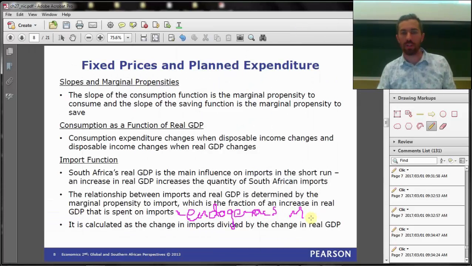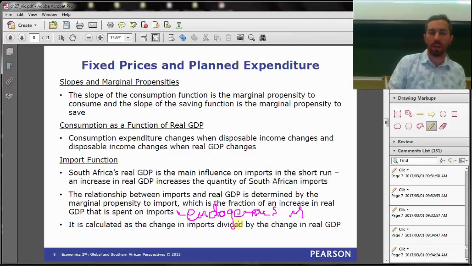Okay, endogenous M. It's calculated as the change in imports divided by the change in real GDP. In other words, if we let imports equal capital M, then we're going to call capital M equal to a function.